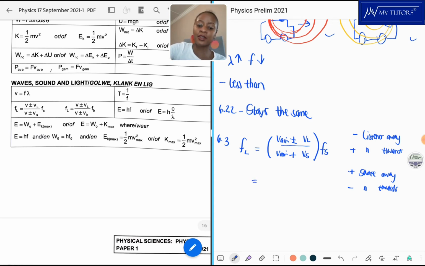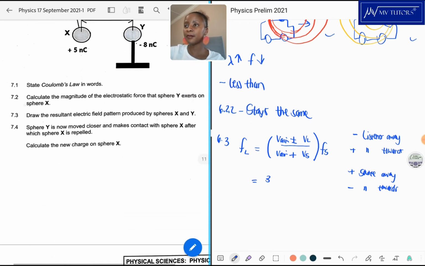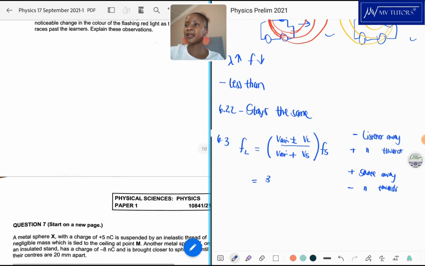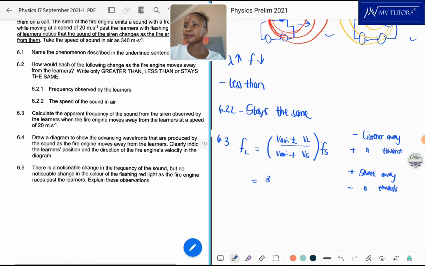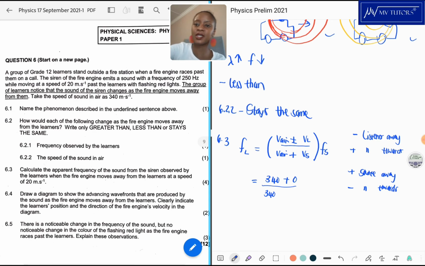Now the velocity of the air, they've already given it to us, and that is 340 meters per second. And you know that the listeners are stationary. Then the velocity of the air again, 340 meters per second. And that of the source, I think they said 20. Yes, 20 meters per second.